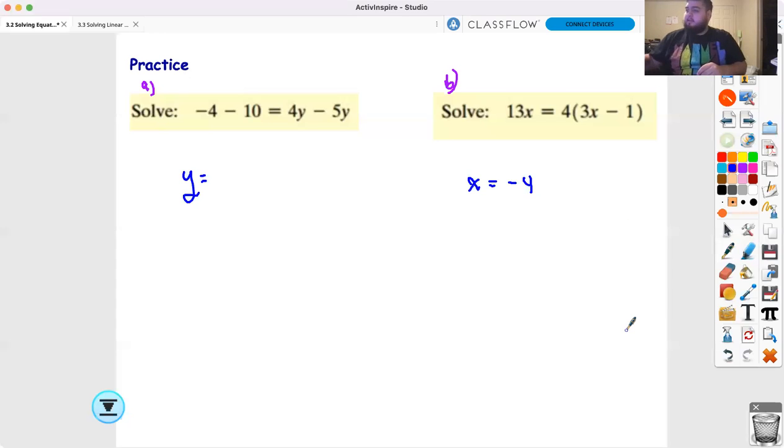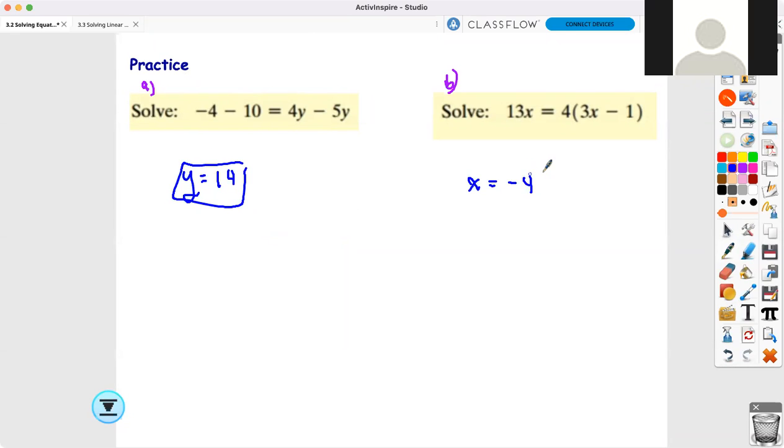Anyone for A, guys? These are practice problems, not examples, so I'm not going to be just giving you the answers. I need you guys to tell me what you think. Maybe A. Go for it. I got like 14 equals y, but I'm not sure if that's correct. Okay.